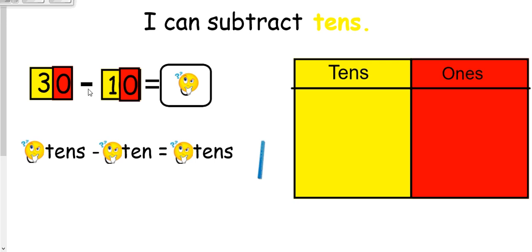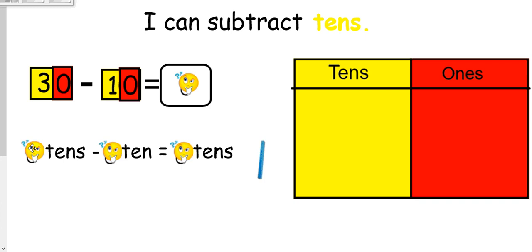So we know that this minus sign tells us we're going to take away or break away a part. Think about that invisible arrow. It points to the part we're going to take or break away: 10. So to build 30 minus 10, first thing we have to build is 30. We have to build our whole.